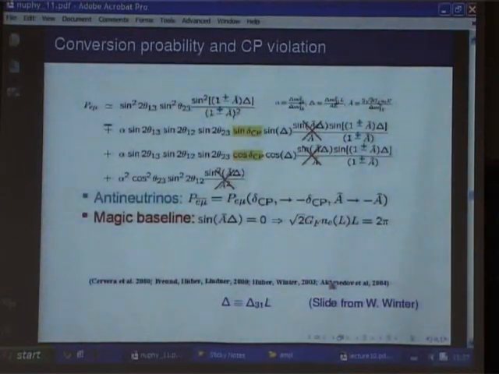And if you look at the first term, then you know the mass ordering, because this is exactly what it is. So if you want to know the mass hierarchy without having contamination because of the CP phase, it's good to go to what's called the magic baseline. It's called magic because it's not dependent on energy. This was an unexpected result. So people do that.